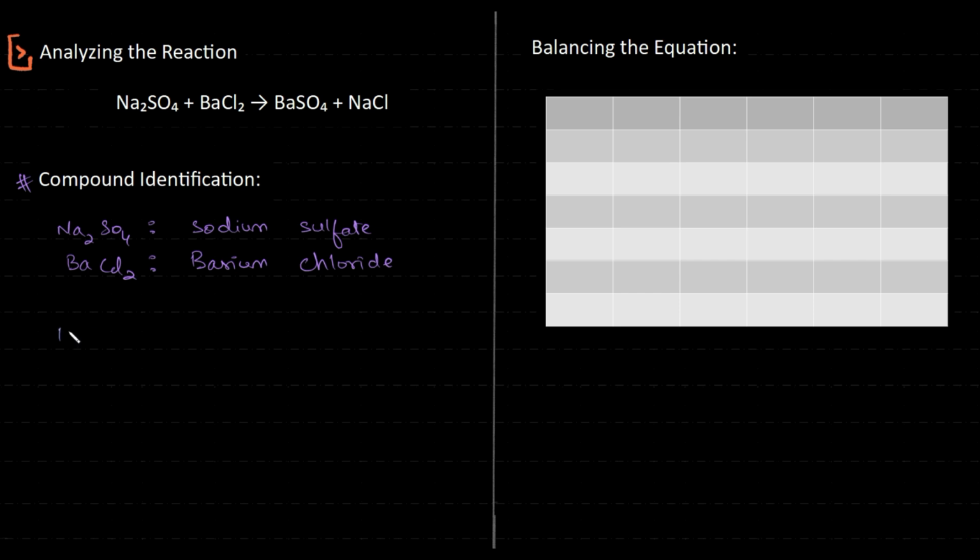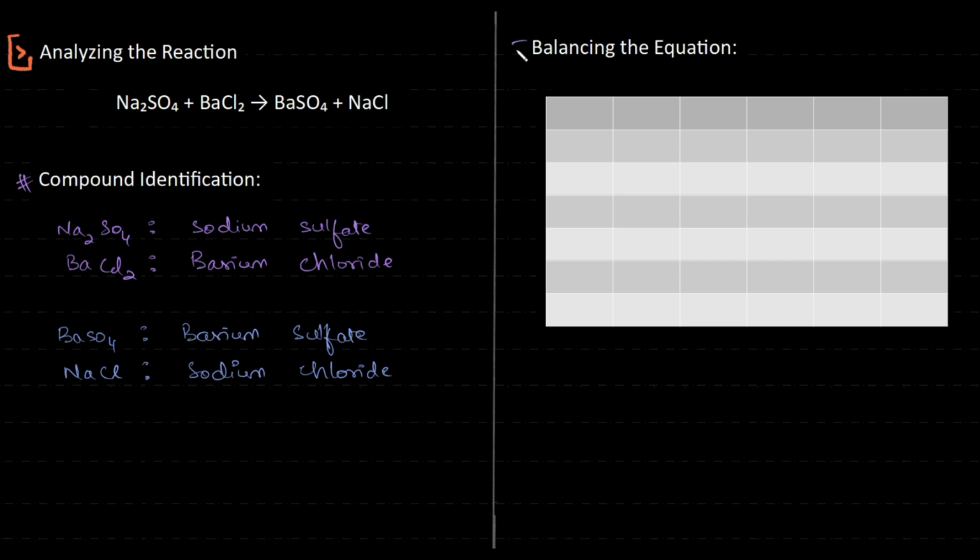Then we have BaSO4, that's your barium sulfate, and NaCl, sodium chloride.